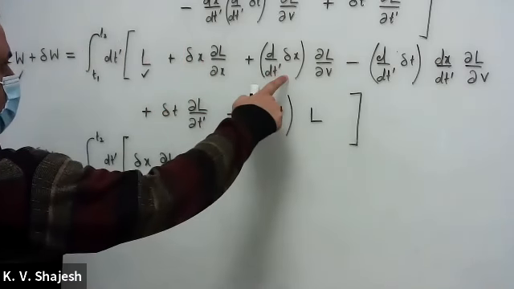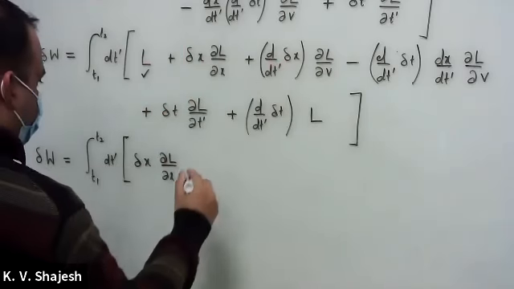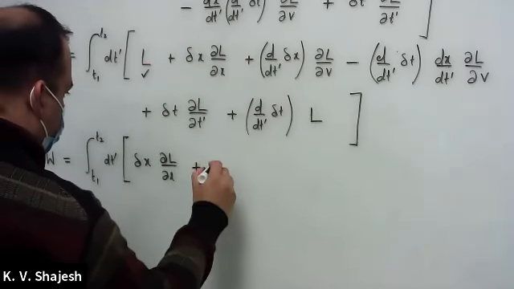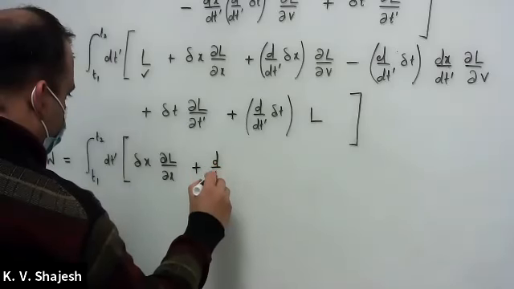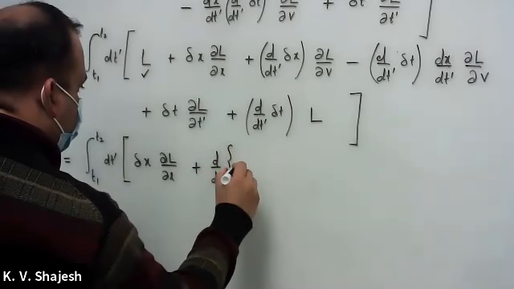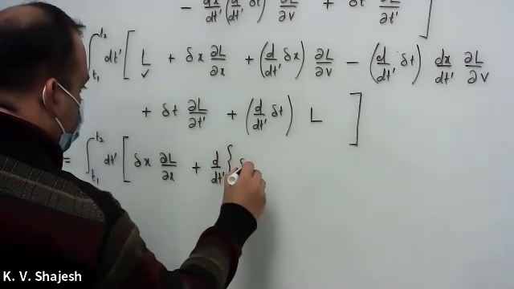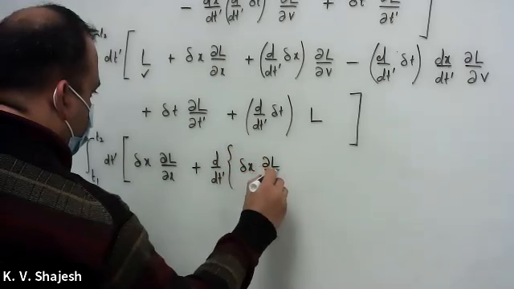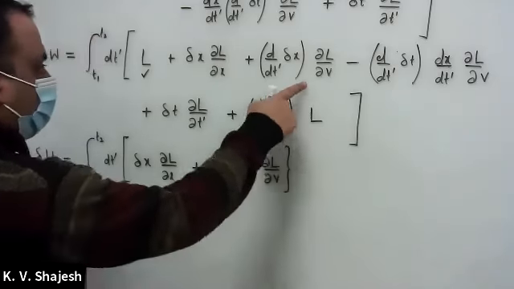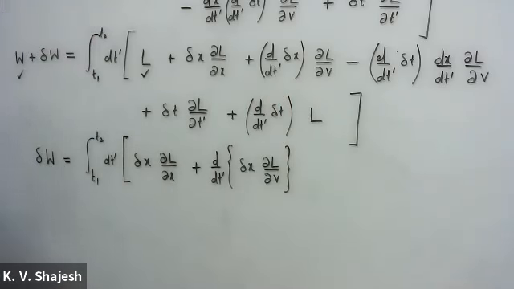So integration by parts gives me this, or writing this if you want as a total derivative dt prime of delta x times dL dv. That's this expression, but that's not completely correct.